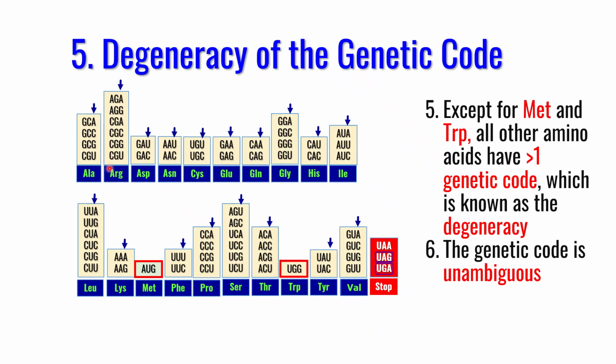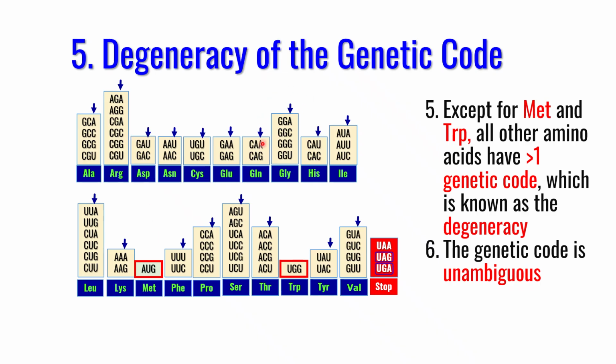If you see in each group, the third base is variable. It means that the first two bases must base pair according to the base pairing rule to specify amino acid correctly. The base pairing at the third base could be non-standard. This is known as wobble base. So this is basically known as degeneracy of genetic code.